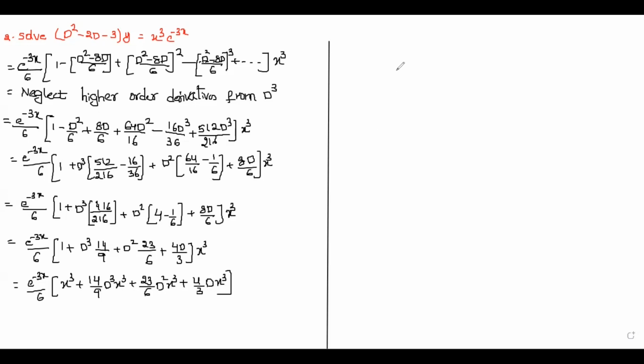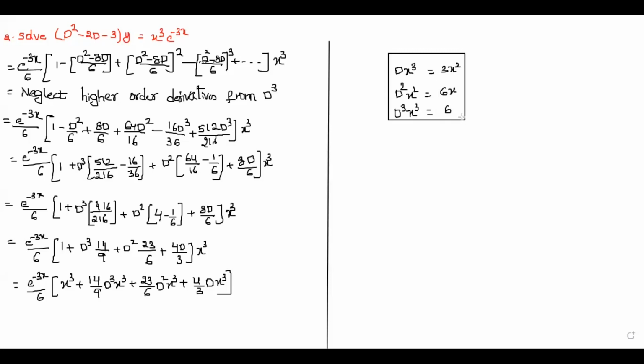Now D x cube value is nothing but differentiating one time you will get 3x square, and D square x cube is nothing but differentiating again you will get 6x, and D cube x cube is equal to 6.